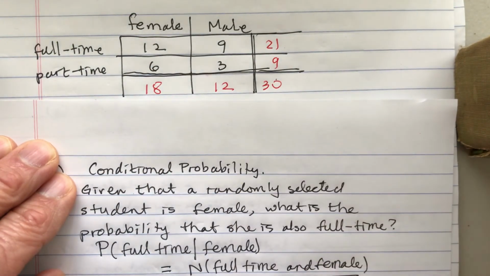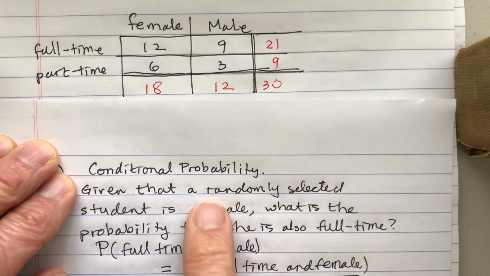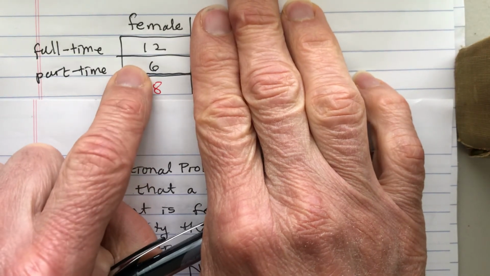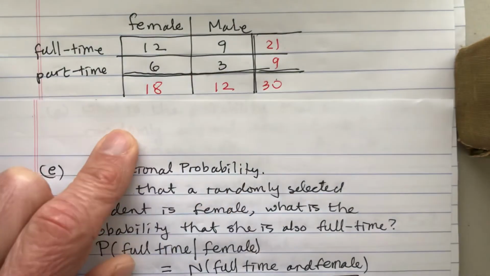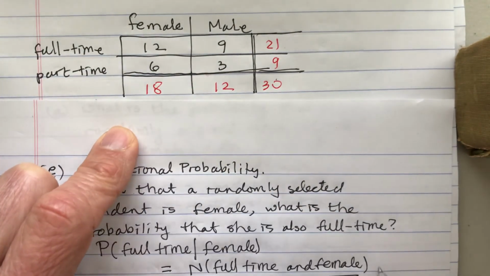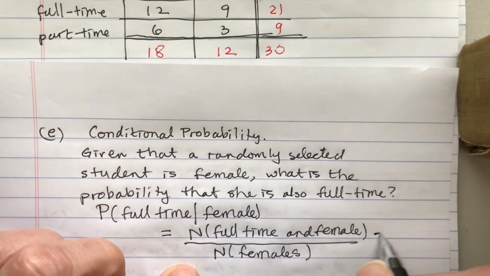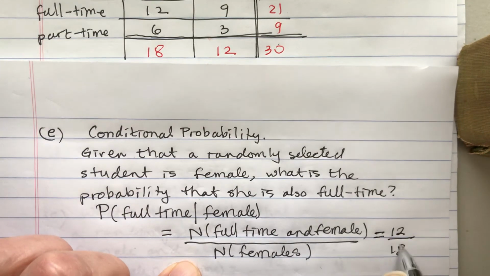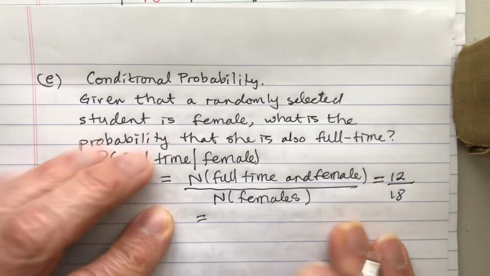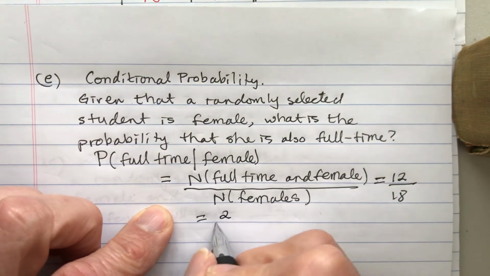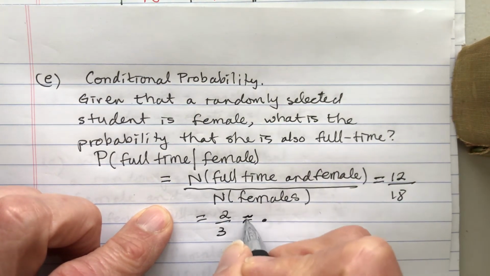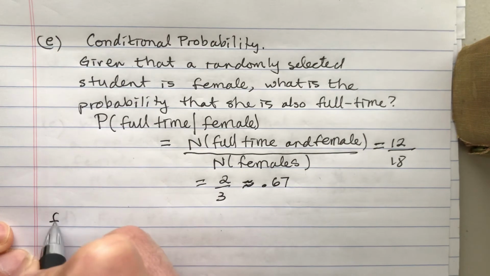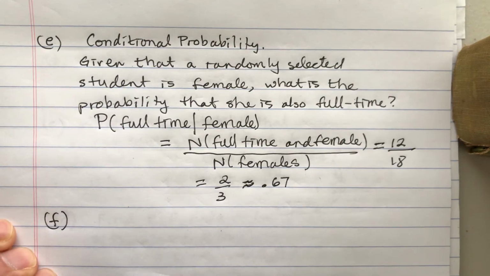We took the name out of the hat, and it's a female. Forget about looking at the males. 12 are full-time, 6 are part-time. So it's 12 out of 18. We get 12 full-time females and 18 females in total. We can divide the numerator and denominator by 6 and get 2/3, which doesn't come out evenly, but it's around 0.67. I put that squiggle for around. So it's around 67%.